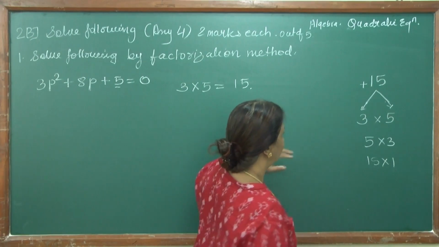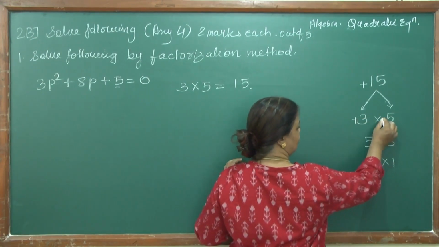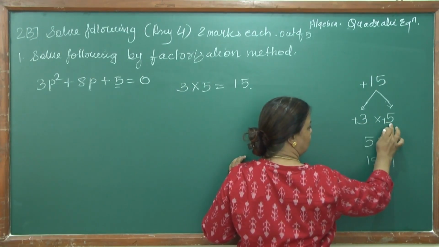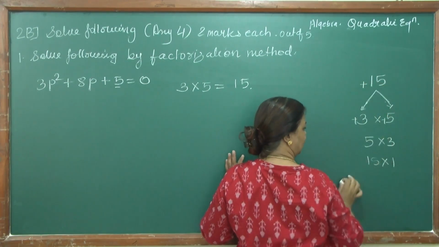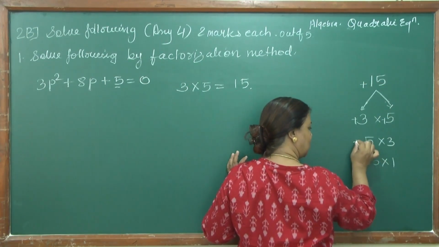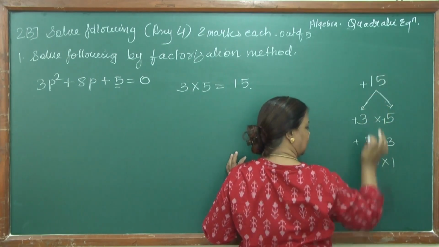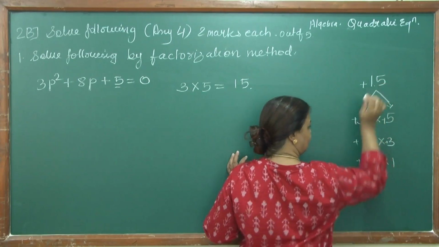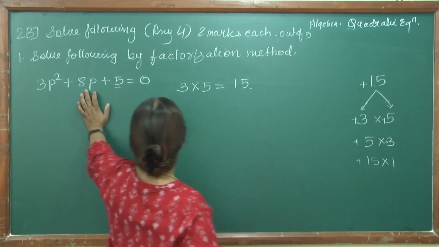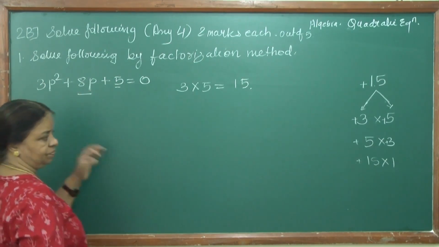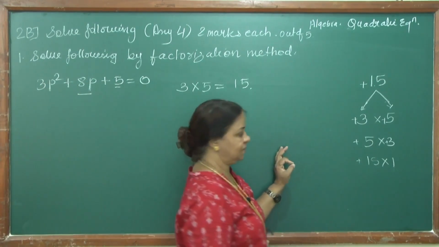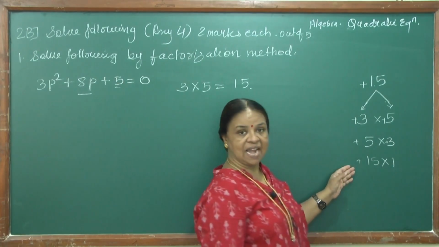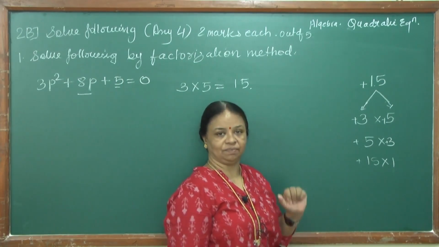So this is plus and this is also plus: 3 into 5, plus 15; 5 into 3, plus 15; 15 into 1 is 15. Now what is the middle number? 8. My middle number is 8. So which numbers, if I add or subtract, give me plus 8?